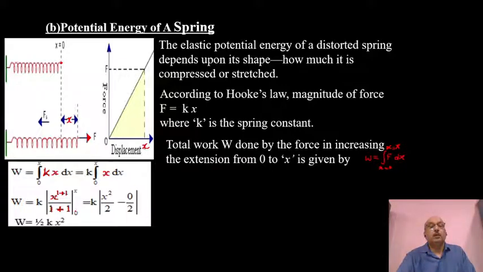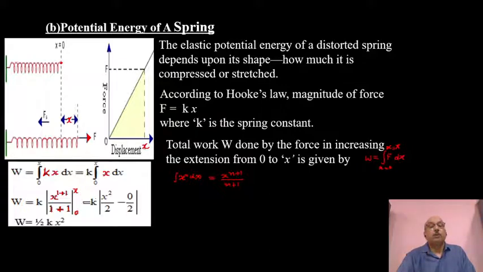From the formula, the integral of x to the power n dx is x to the power n plus 1 upon n plus 1. So here n is equal to 1, so it is 1 plus 1 upon 1 plus 1. And the limits are from 0 to x.